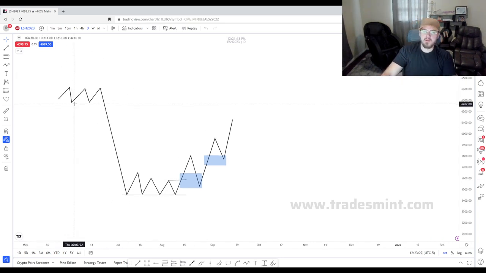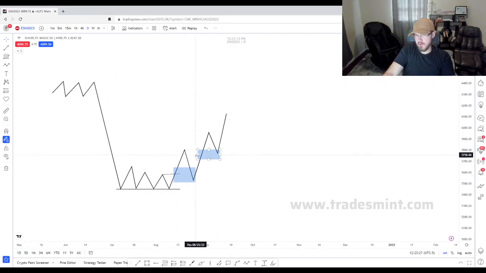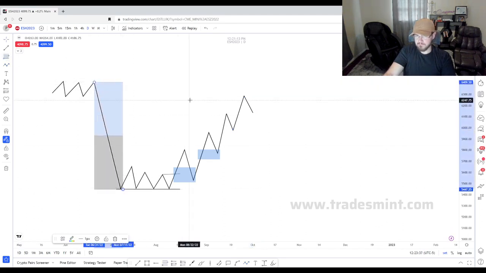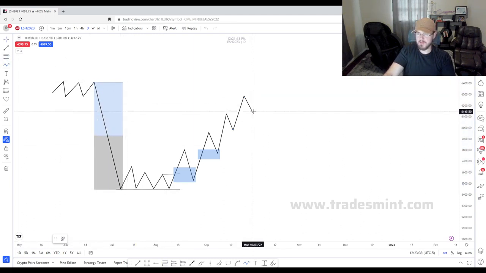Sorry about that. So whenever we're looking at this, if you're just using structure, you're going to say, okay, we're moving up, we're moving up, and then let's say that price does this, pushes up, and you're saying this is our bearish leg, all this right here. So this is our impulse leg, and then you get a big push up here, and you're going to say, okay, well, now the market's bullish because we got this push up.